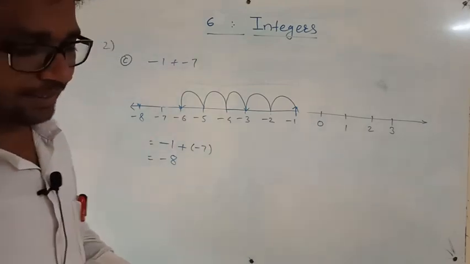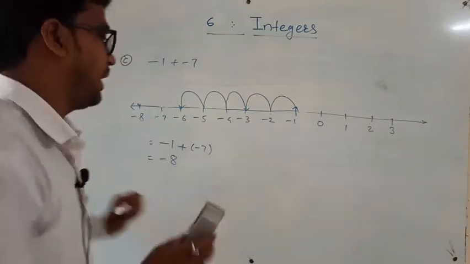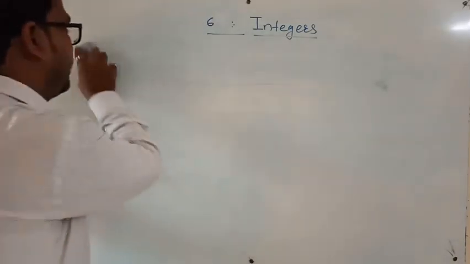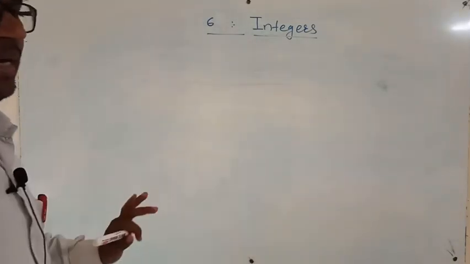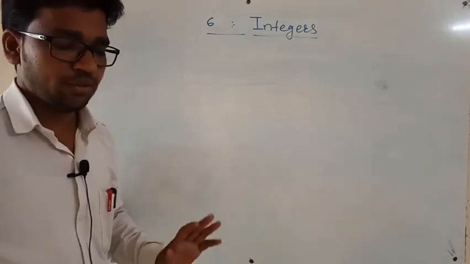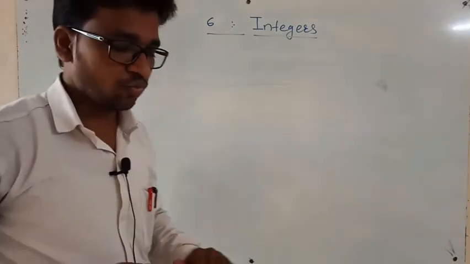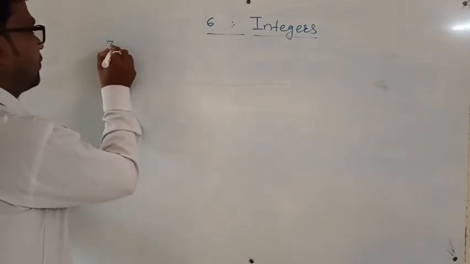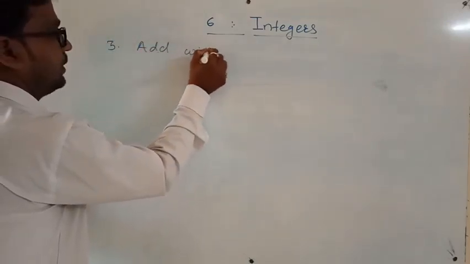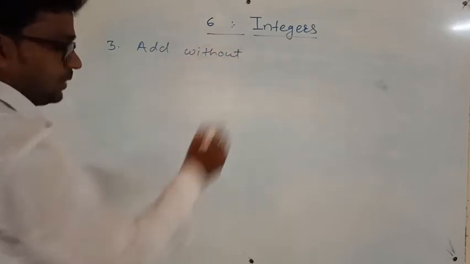Now question number 3 is add without using number line. Here I will explain some tricks on how to add integers. So question number 3 is add without number line.